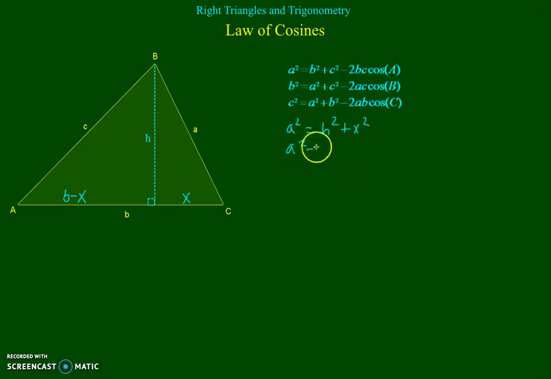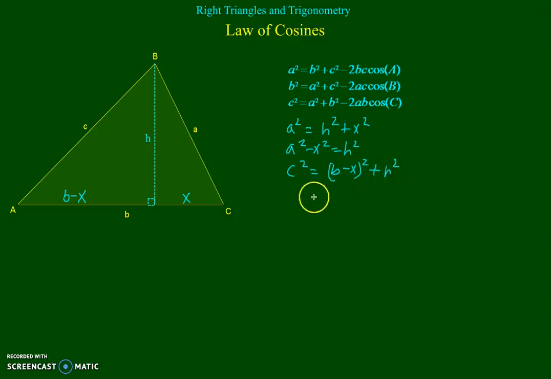A squared minus X squared equals H squared. Now I'm going to do the same thing for this triangle, and I'm going to say C squared equals (B minus X) squared, that's this side, plus H squared, this side. So the sum of the squares of the legs equals the square of the hypotenuse.